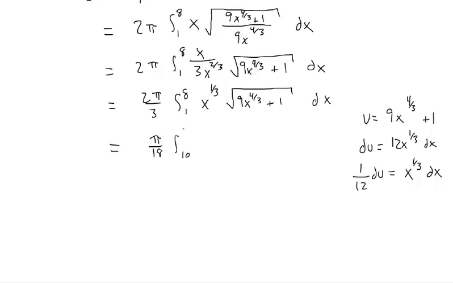And when I plug in 8, I get 145. And then we have x to the 1/3 dx is our 1/12 du, and we've already factored the 1/12 in, and we have du. And then we have u to the 1/2.